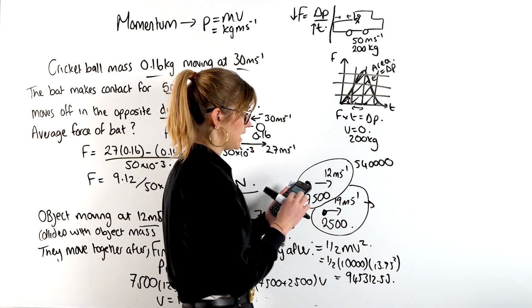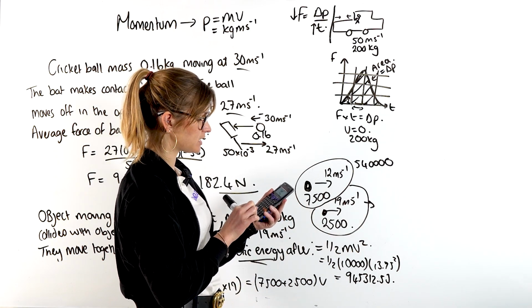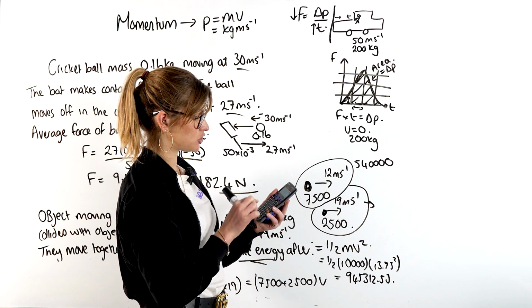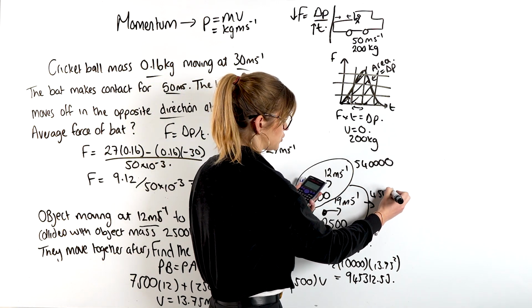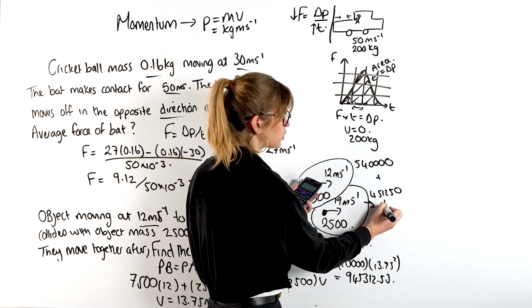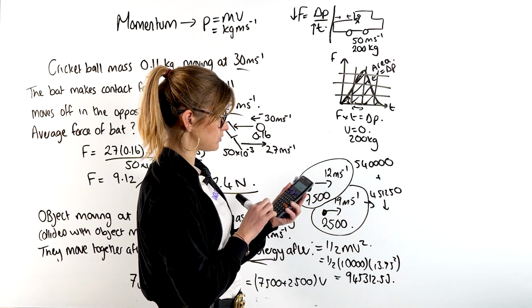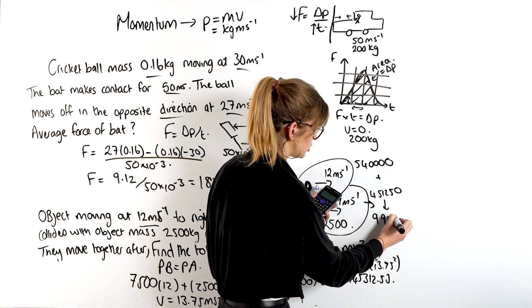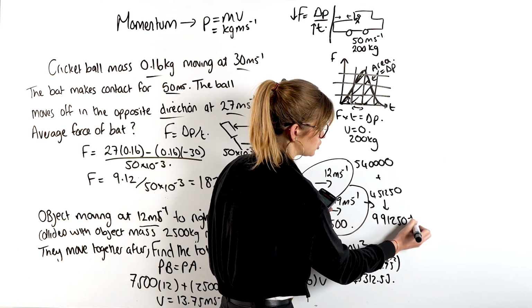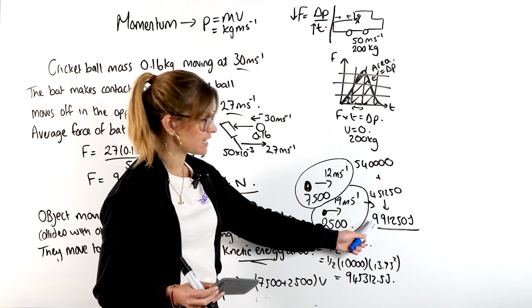And for this one, again, its kinetic energy is 0.5 times its mass, 2,500, times its speed, 19 squared. We get a number here of 451,250. So the total kinetic energy before, if we add those, 540,000 and 451,250, we get a total kinetic energy before of 991,250 joules.